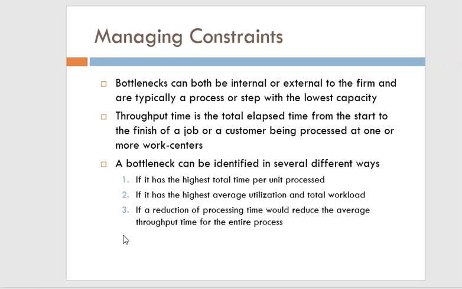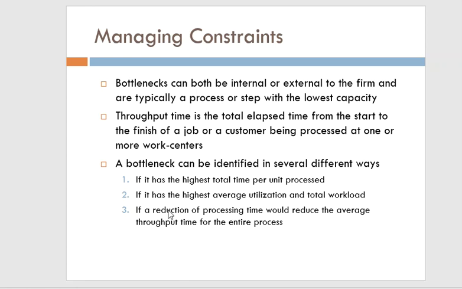So if there was a long line, your wait time would have to be calculated in there, and that would be X number of minutes. The amount of time that it takes you to put the money in, the amount of time it takes you to get through the car wash, and then also the amount of time to leave the car wash facility. So those would all be items that you would have to add time to. So that's throughput time.